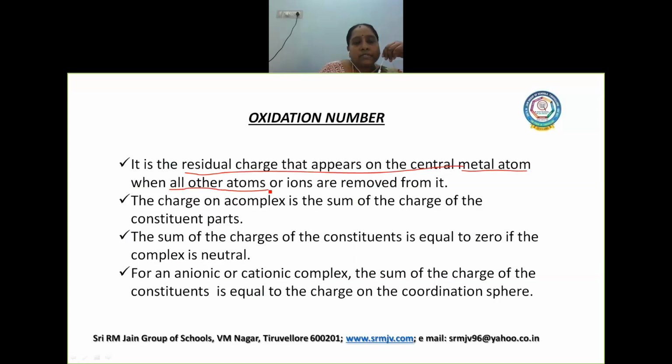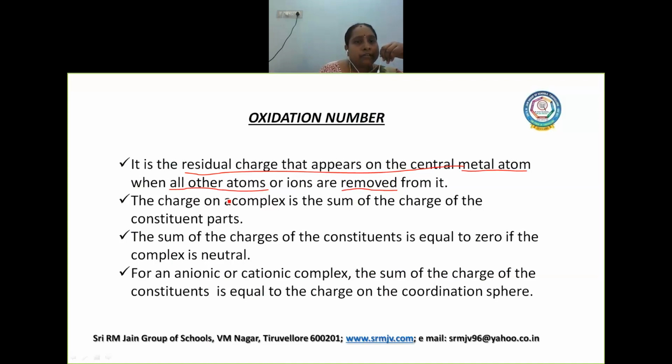Those atoms may be neutral molecules or anionic species present around the central metal atom. When these species are removed, the residual charge on the central metal atom is considered to be the oxidation number.